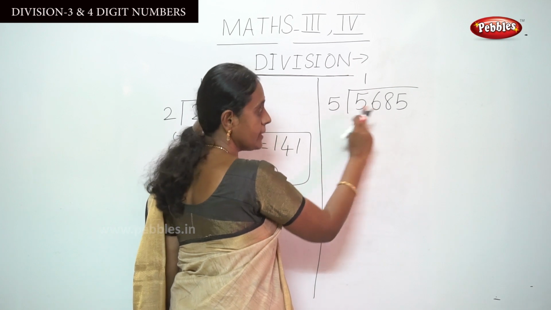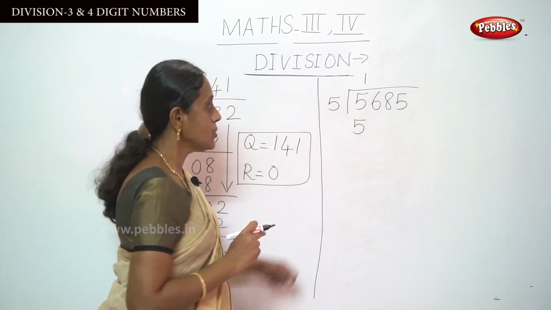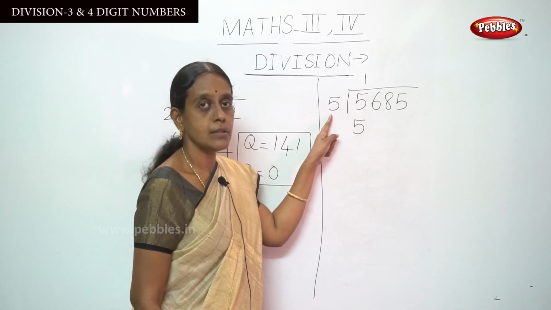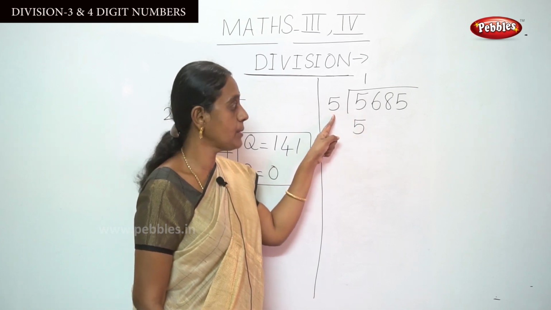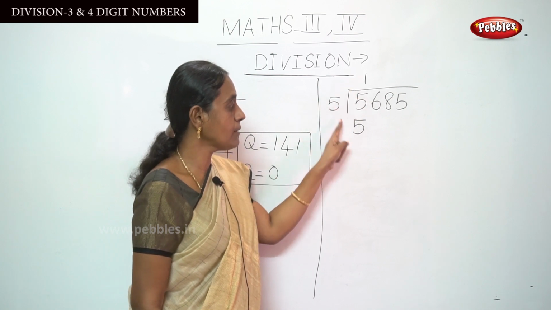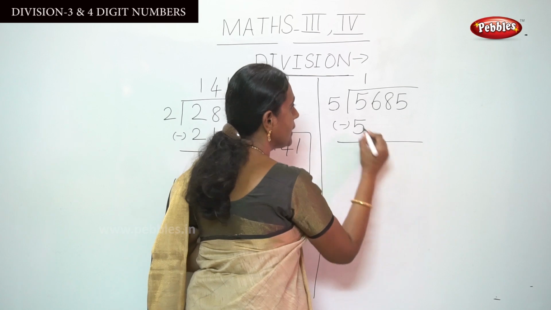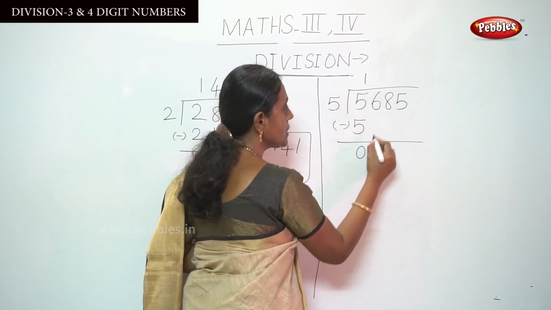This is the dividend and this is the divisor. You should first take the first digit and say the 5 table, the multiplication table. 1 5 is 5, put the subtraction sign here, 5 minus 5, 0.